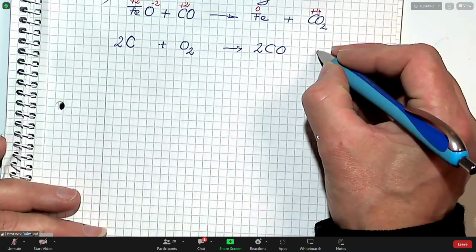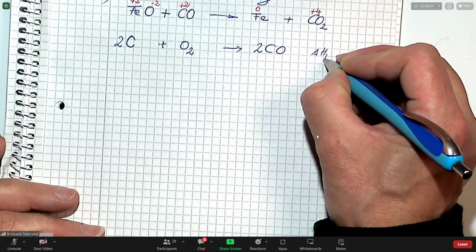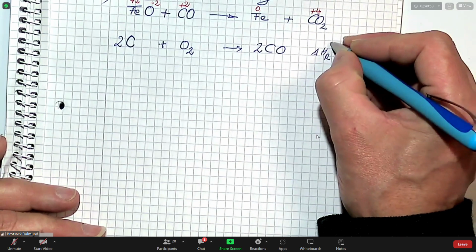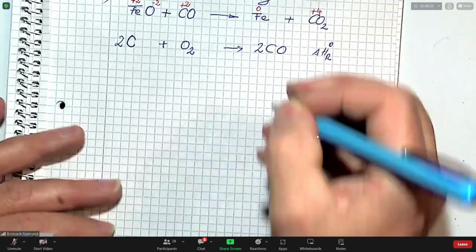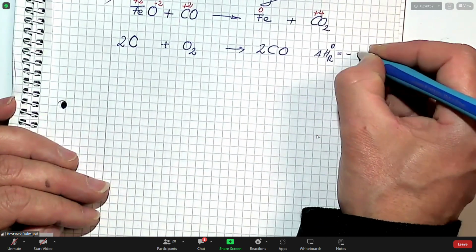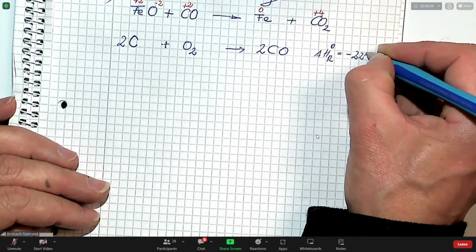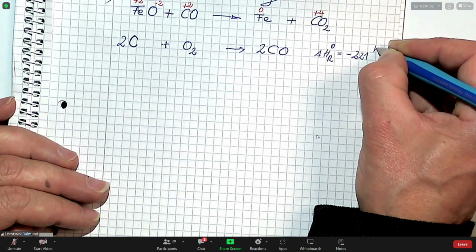This is a delta, the heat of the reaction at standard conditions is -221 kilojoule per mole.